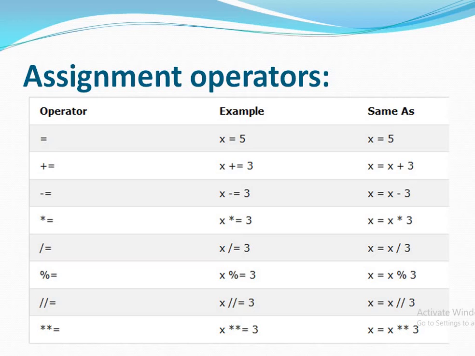The purpose of plus equal to, minus equal to, into equal to is that it will perform the operation with the right hand side value on the existing left hand side variable.